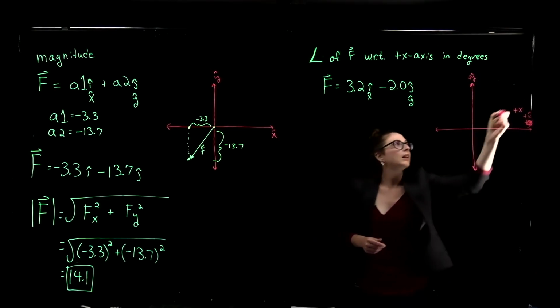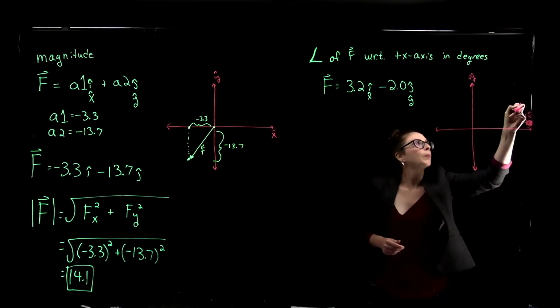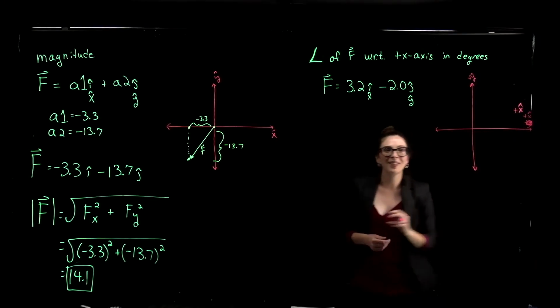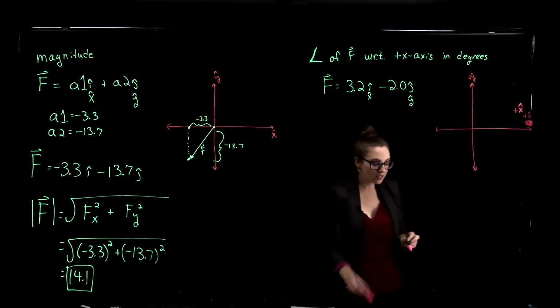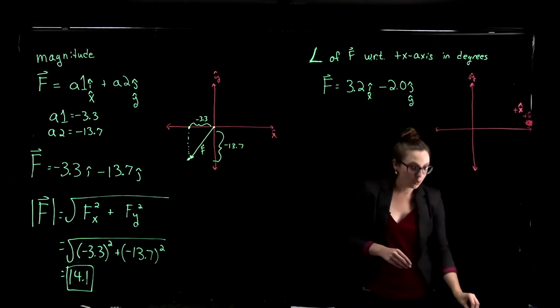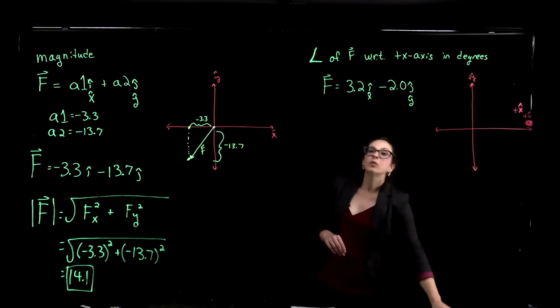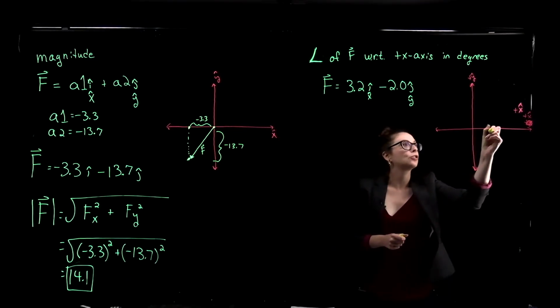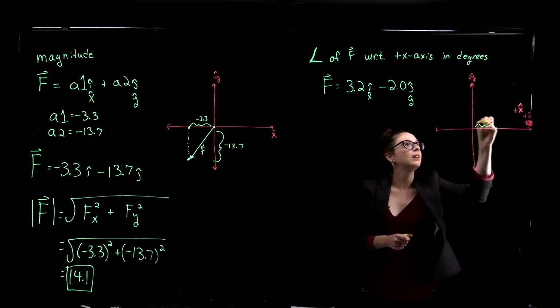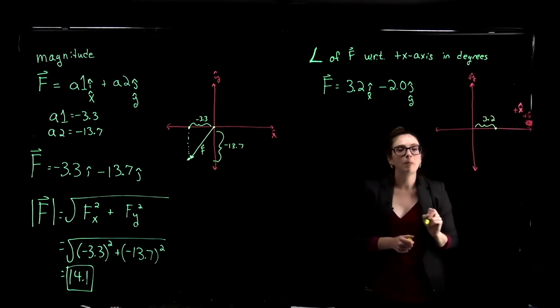Plus x hat. The pink doesn't show up as well. So to draw this vector, I have to go 3.2 units in the positive x direction. So let's say that's this right here, 3.2 in the positive x.